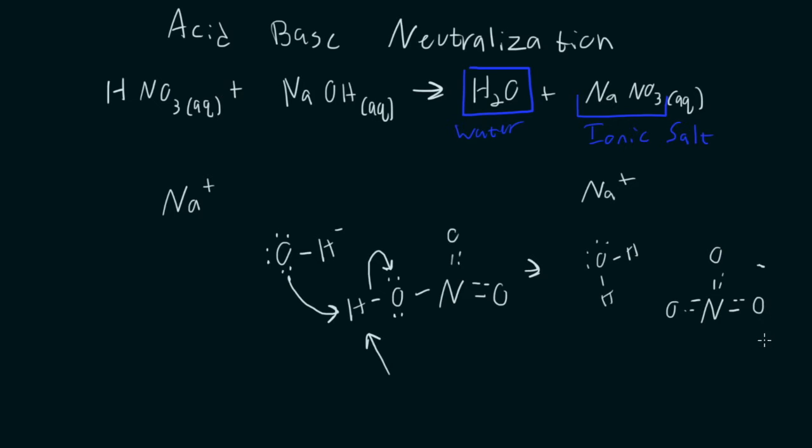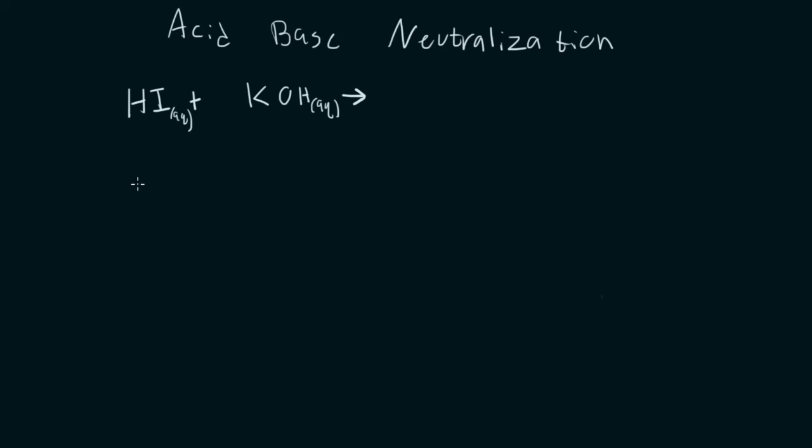Let's look at another one. All right, in this one we should be able to draw out that mechanism. I've got my K+, my OH-, and then I'm going to have my hydroiodic acid. My oxygen is once again going to grab that hydrogen, and that bond is going to go to the iodine.